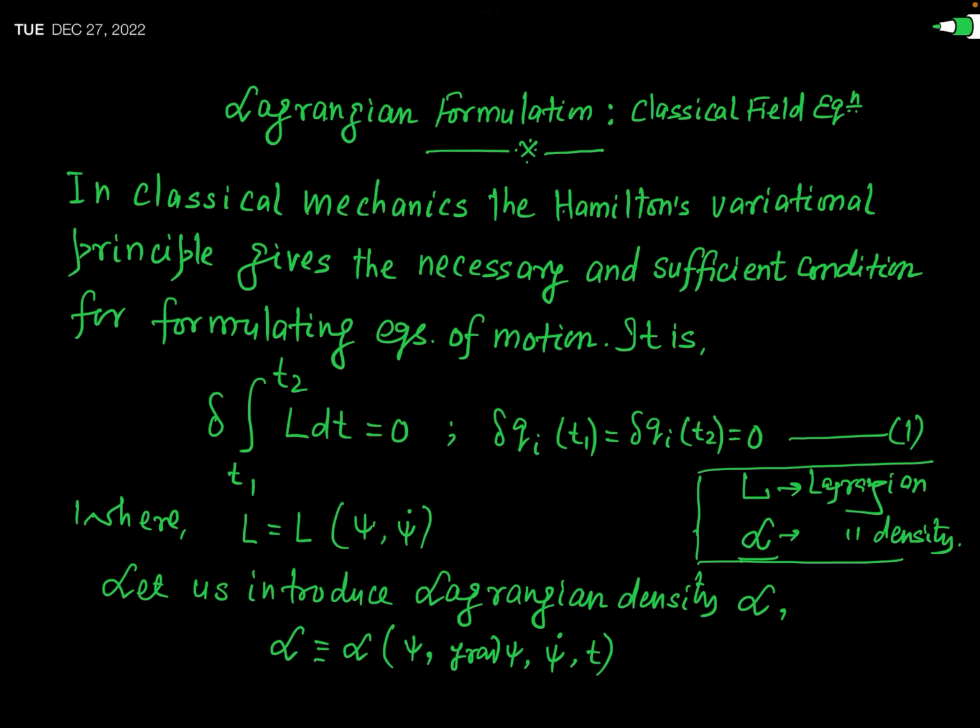Now you know, in classical mechanics, whenever we try to find the equation of motion, we think about a very important variational principle which is called Hamilton's variational principle. Hamilton's variational principle is utilized to obtain the equation of motion, and so it is said that Hamilton's variational principle gives the necessary and sufficient condition for formulating equations of motion.